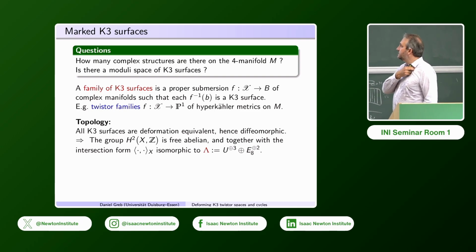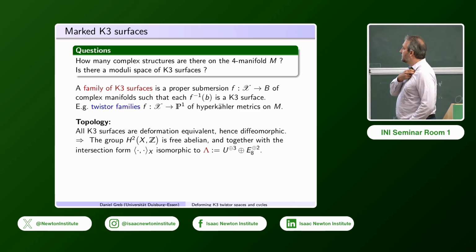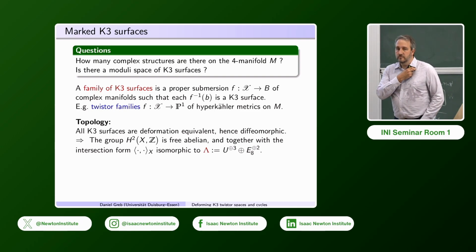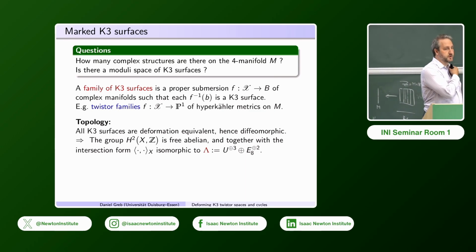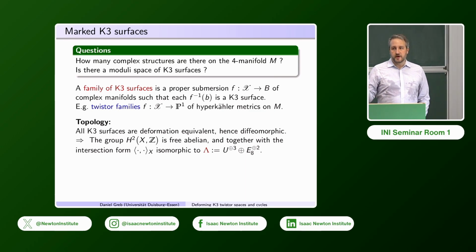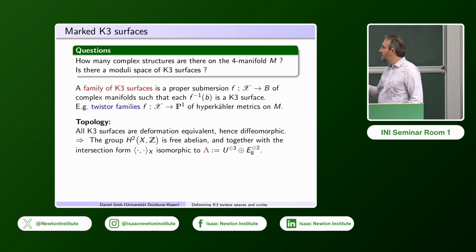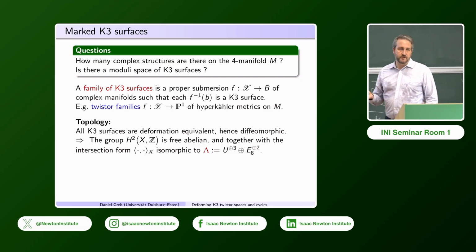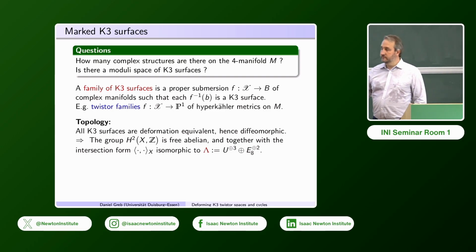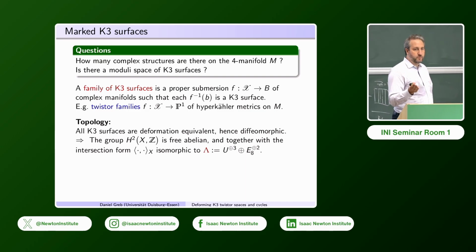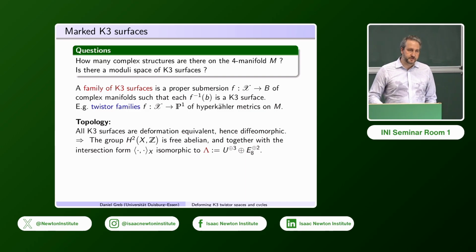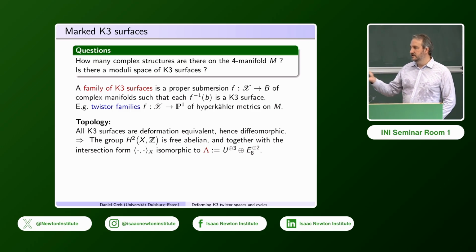If you want to study all these complex structures and all these families, you maybe ask yourself, what is the topology of M if M is underlying a K3 surface? There is a theorem which says that all these surfaces are deformation equivalent. It means that there is only one K3 manifold, only one differentiable four-manifold underlying all these surfaces.